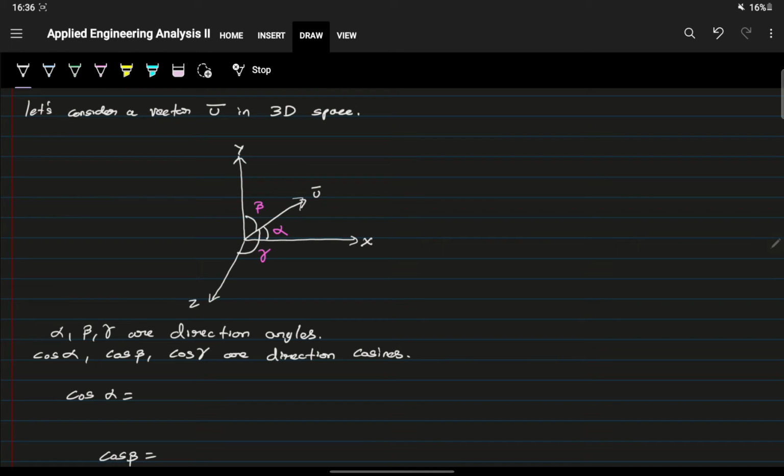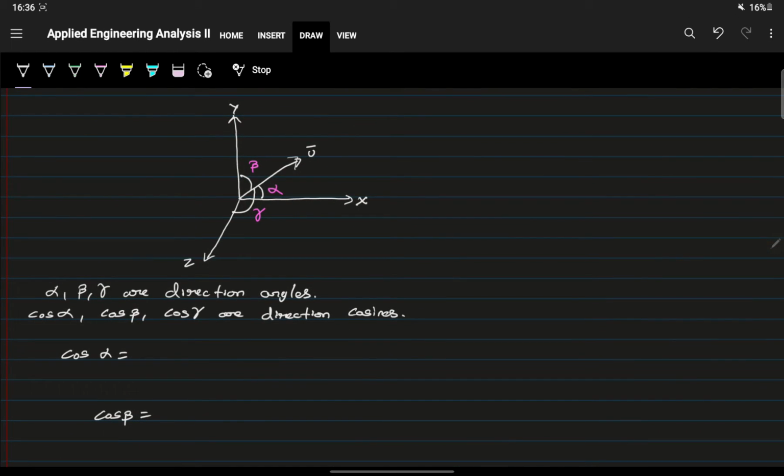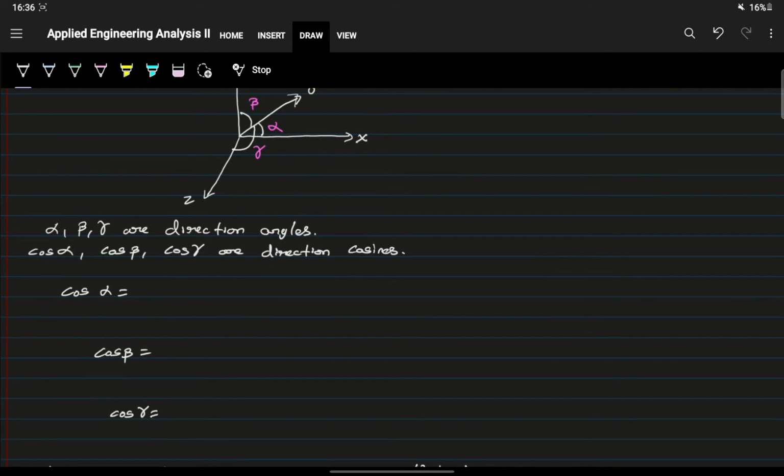So these alpha, beta, and gamma are the direction angles, and cos alpha, cos beta, cos gamma are the direction cosines. And we can calculate the direction cosine by the following formula. Cos alpha is provided by the vector dotted with the standard basis vector, divided by the magnitude of u.